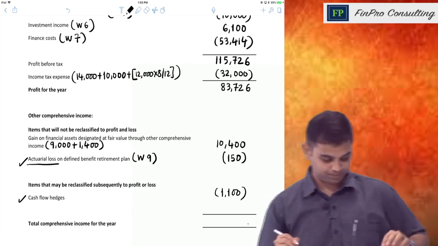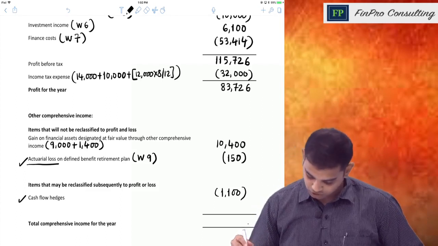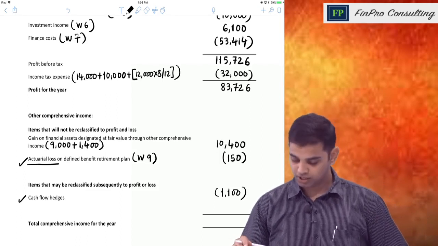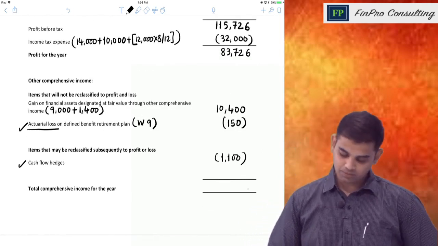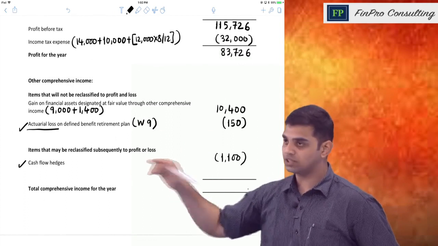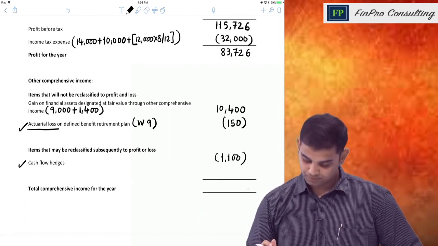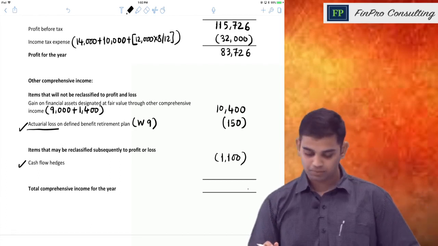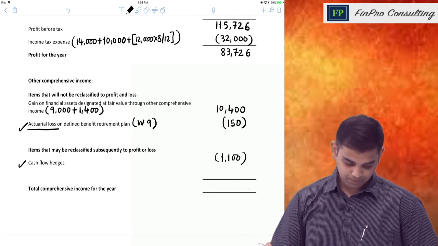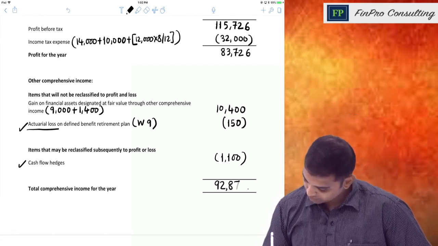Positive, it's a gain. Then we have already written 150 negative as actuarial loss and cash flow hedges loss again 1,100. Now what is my total comprehensive income, which is addition of profits and all these three amounts? 83,726 plus 10,400 minus 150 minus 1,100. 92,876.